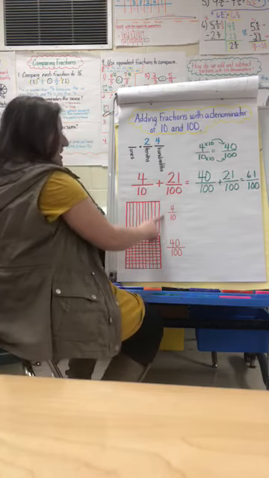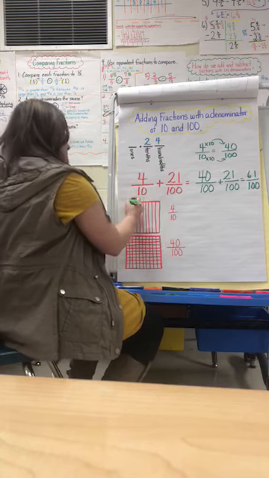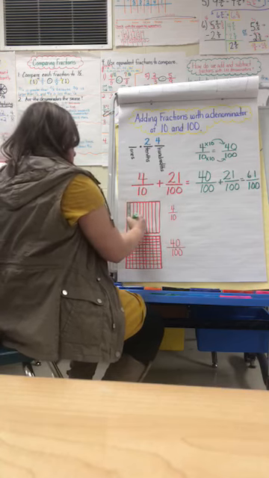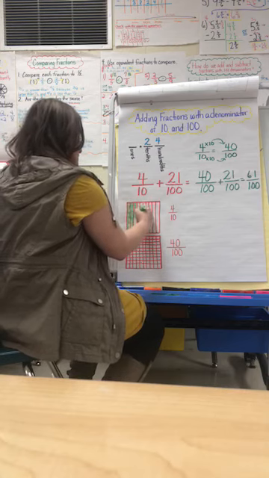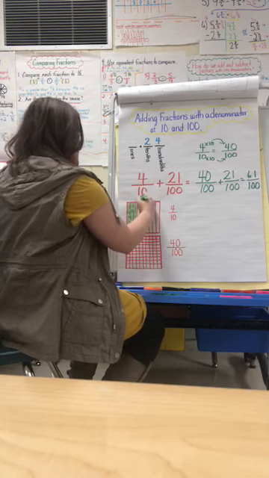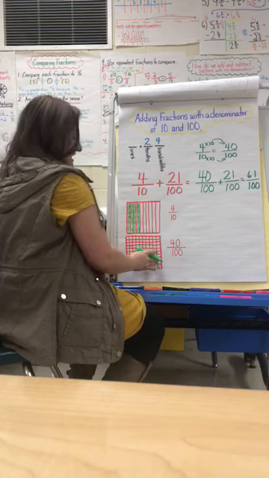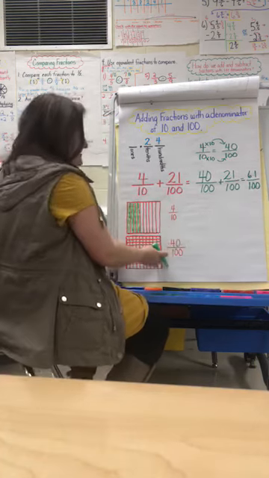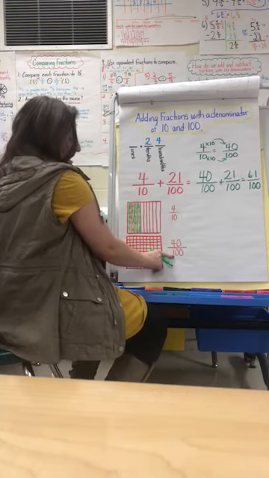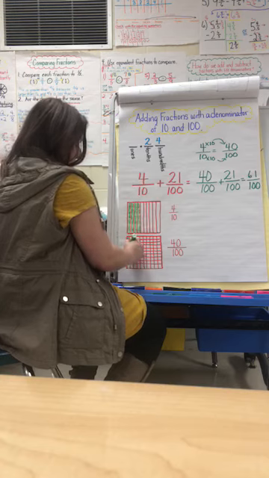So if we have a whole that has been broken into 10 pieces and we shade 4 of them, then that represents 4 tenths, or 4 out of 10. And if we have the same size whole, which my drawing is not exact, but if we have the same size whole and we shade 40 out of the 100, each little box would be 100th, or 1 out of 100.